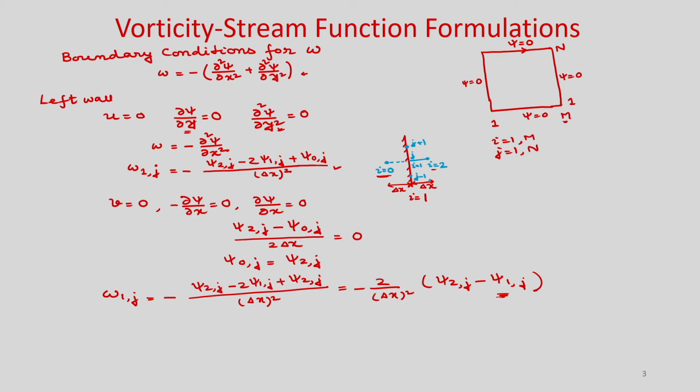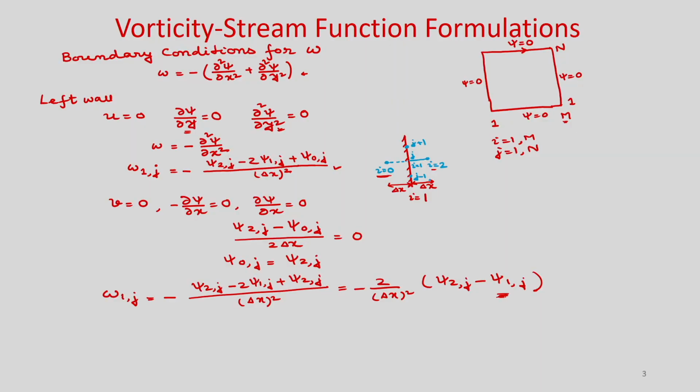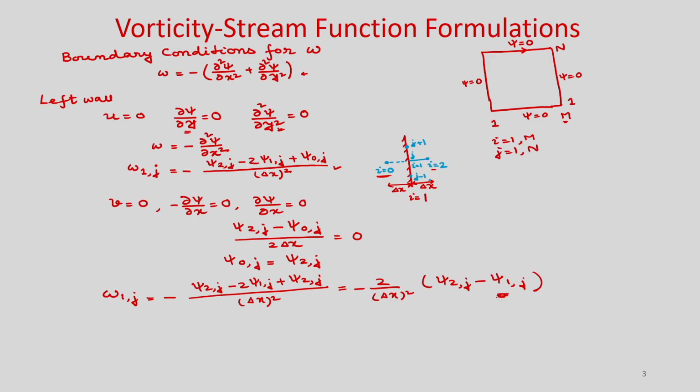So, we are not going to write 0 here, because psi 1 j will depend on how you consider the constant. If you consider the stream function as 0 on the walls, then it will be 0, and if you consider some constant value, then you can put that constant value here. So, let us keep it in terms of psi 1 j. So, omega 1 j we have found.